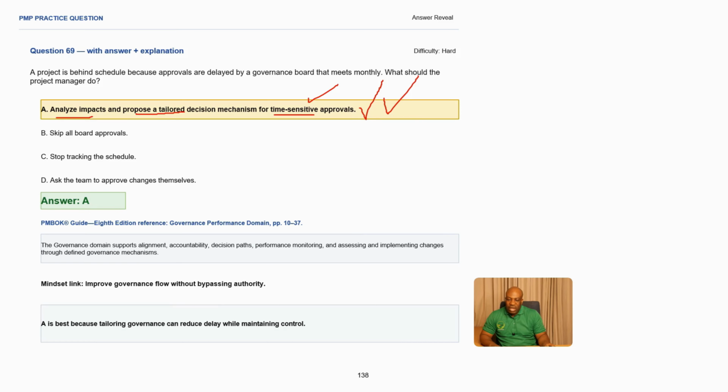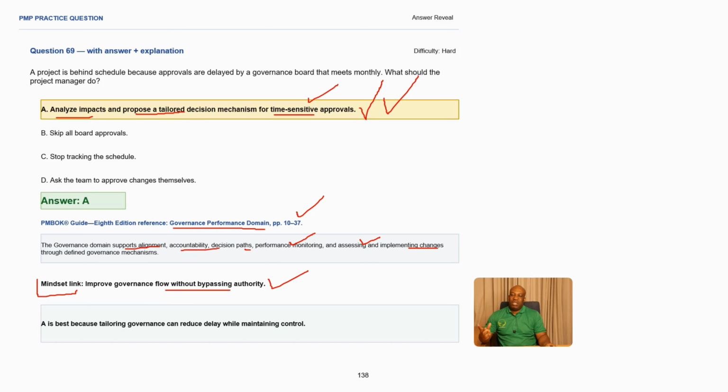You go to the governance performance domain, which is page 10 to page 37. What does it say? It supports alignment, accountability, decision paths, performance monitoring, and assessing and implementing changes throughout the governance process. The best mindset here is to improve governance flow without bypassing authority.